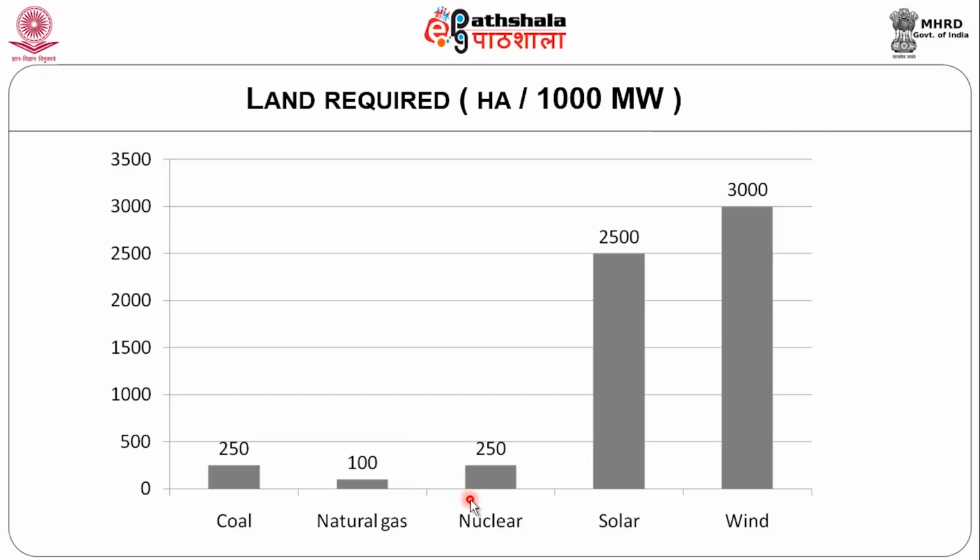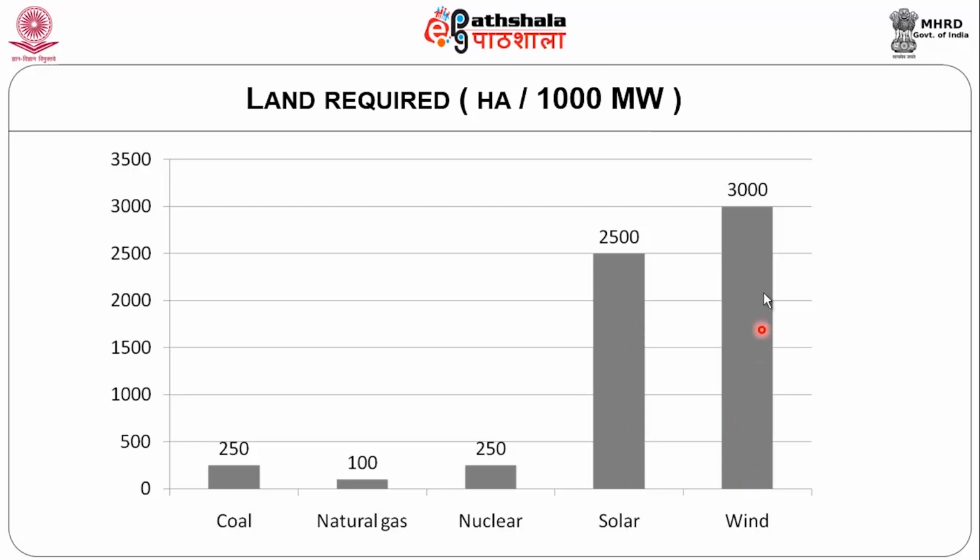Nuclear, for a 1000 megawatt reactor, needs just 250 hectares of land, whereas solar, for 1000 megawatt installed capacity, needs 2500 hectares of land, and this land cannot be used for any other purposes.